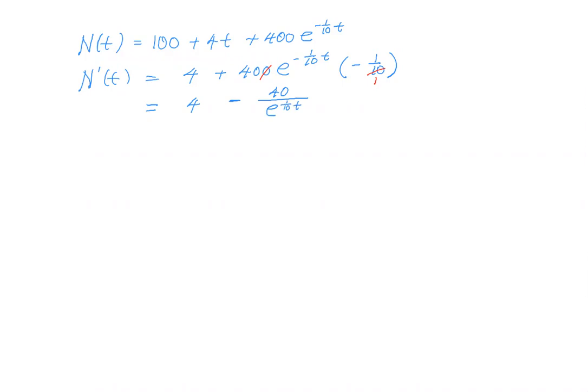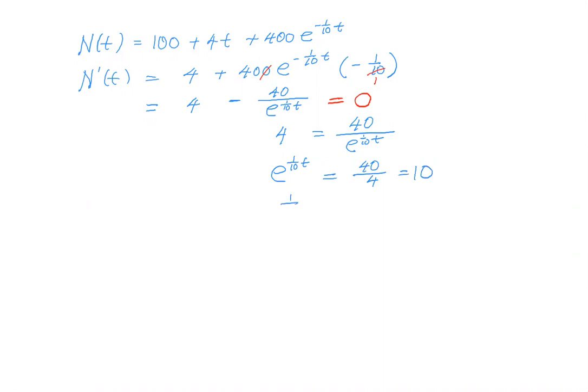Put it equal to 0. So you have 4 equal to 40 divided by e to the power 1 over 10t. So e to the power of 1 over 10t equal to 40 over 4 equal to 10.